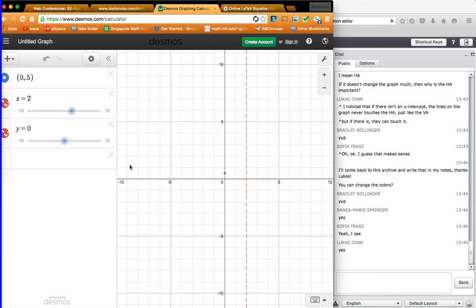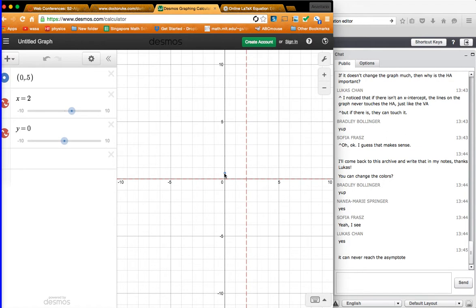When I'm graphing this, I know that it crosses over here on the positive side, and it's going to go up to infinity over here. And as it goes out to the left, it's going to go closer and closer to this particular horizontal asymptote. However, it's never going to ever touch or cross the x-axis. Agreed?